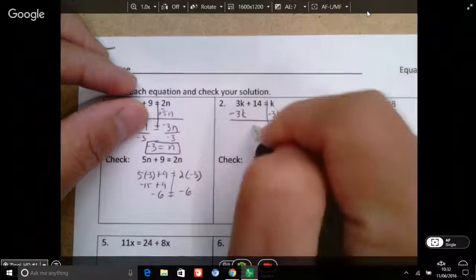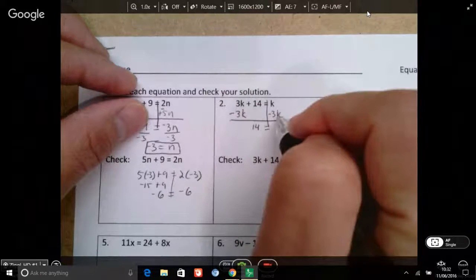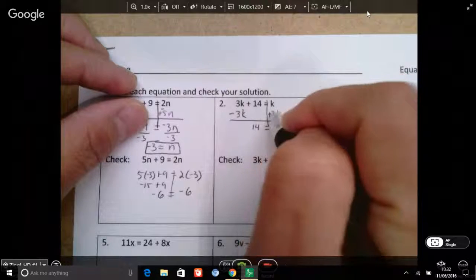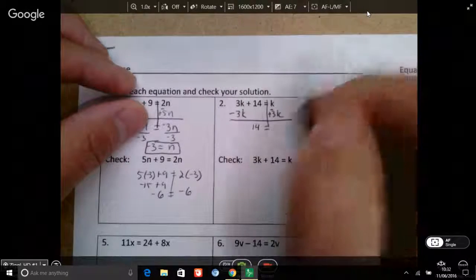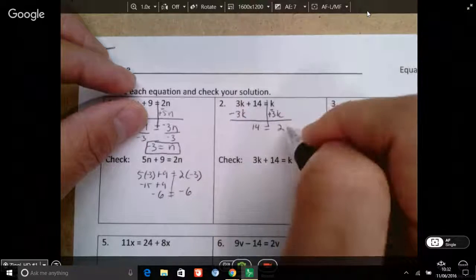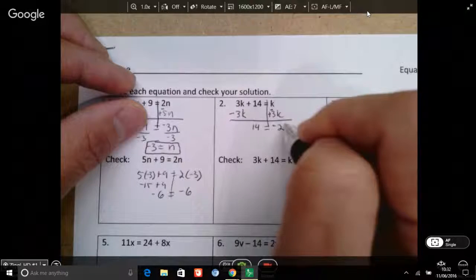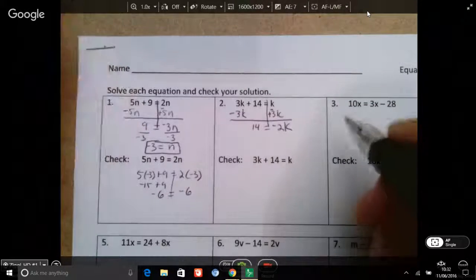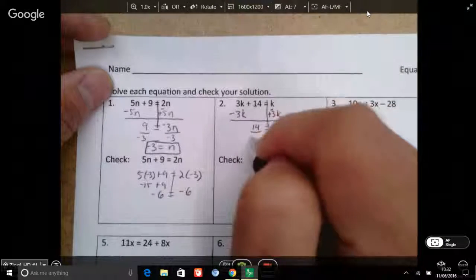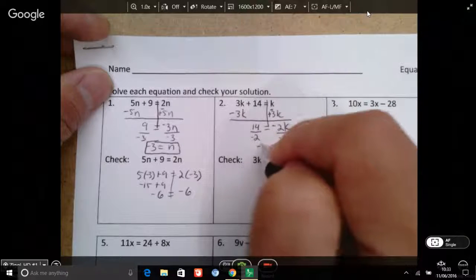So I have 14 equals, now I have 1 minus 3K. Again, I can use "same, opposite" if I want. Same, opposite, 3 becomes negative. So 1 plus negative 3, I'm going to subtract them since they have different signs. 2, 3 is bigger. Keep it signed negative, right? So I have 14 equals negative 2K. So now I'm going to divide by negative 2. Divide by negative 2. K equals 14 divided by negative 2 is negative 7.